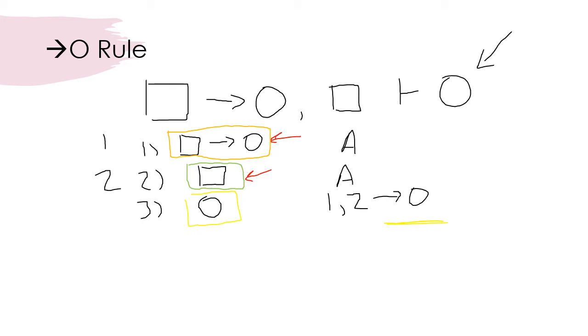So the last thing we need here is our justification or our premises. And how we do this is we're going to look at line 1 and we're going to look at line 2. Whatever numbers are next to line 1, we're going to put there. Whatever numbers are next to line 2, we're going to put here.